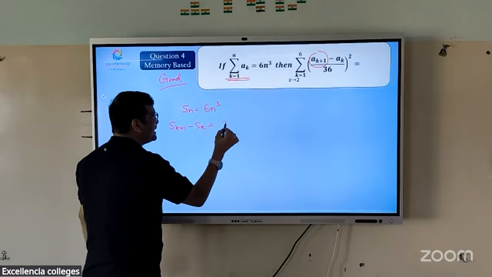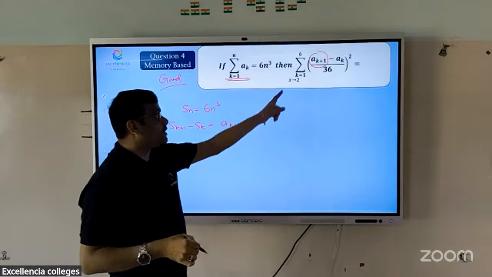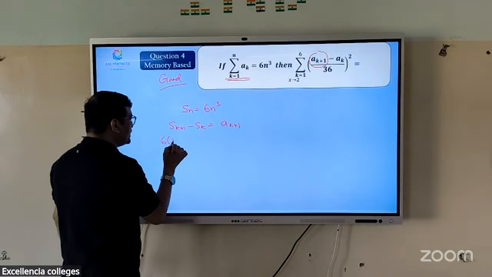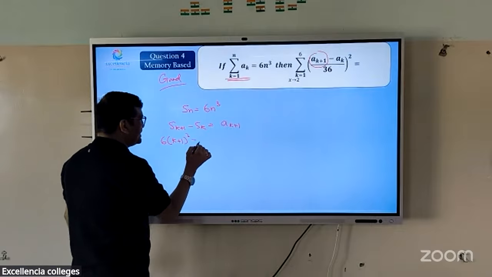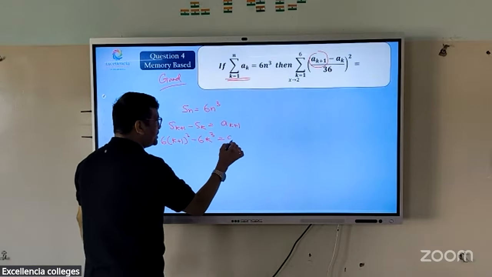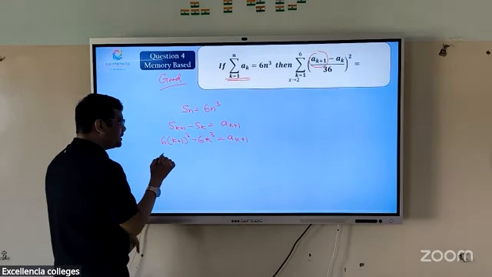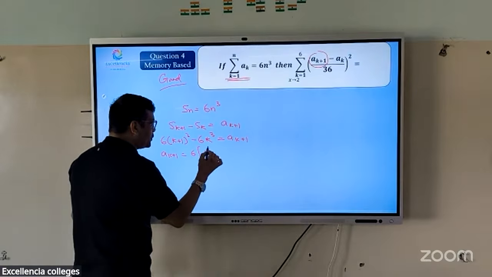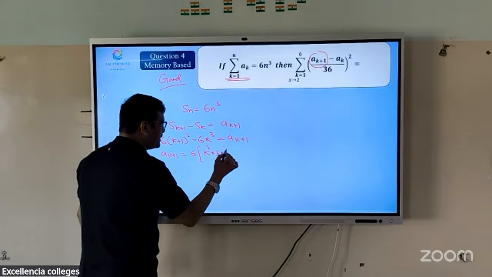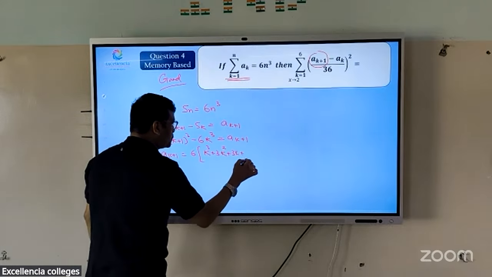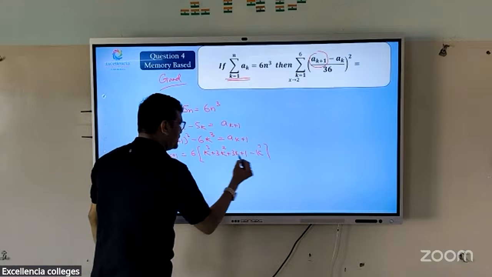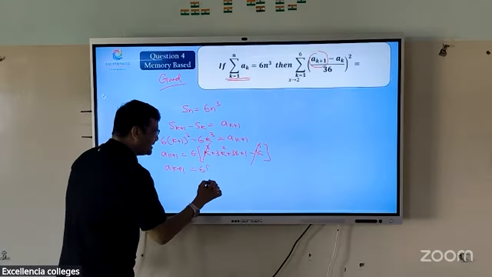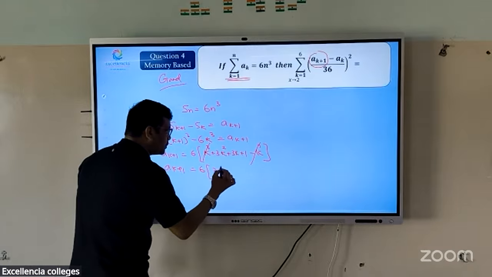That's what I want. Correct? What is Sk? 6 into (k plus 1) the whole cube minus 6 into k cube is equal to a(k plus 1). Let us find it out. a(k plus 1) is equal to 6 into (k cube plus 3k square plus 3k plus 1 minus k cube). These cancel, and a(k plus 1) is 6 into (3k square plus 3k plus 1).